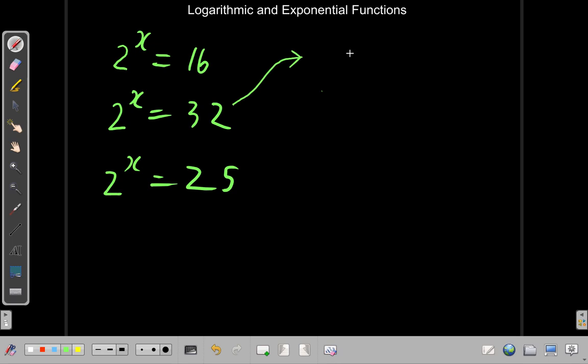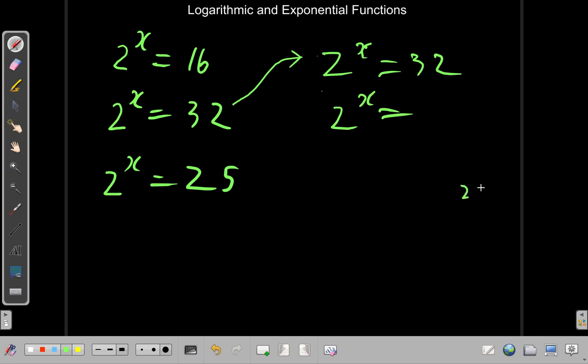You say 2 to the x is equal to 32. But you can consider 2 to the what power gives you 32?